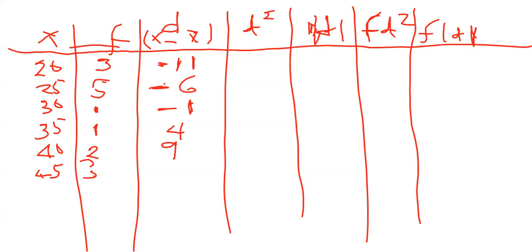Then 45 minus 31 should be 14. Now we're looking for D square. D square is 11 square, 121, I believe. 6 square is 36. 1 square is still 1. 4 square is 16. 9 square is 81. Let me press the calculator. 14 square. 14 times 14.